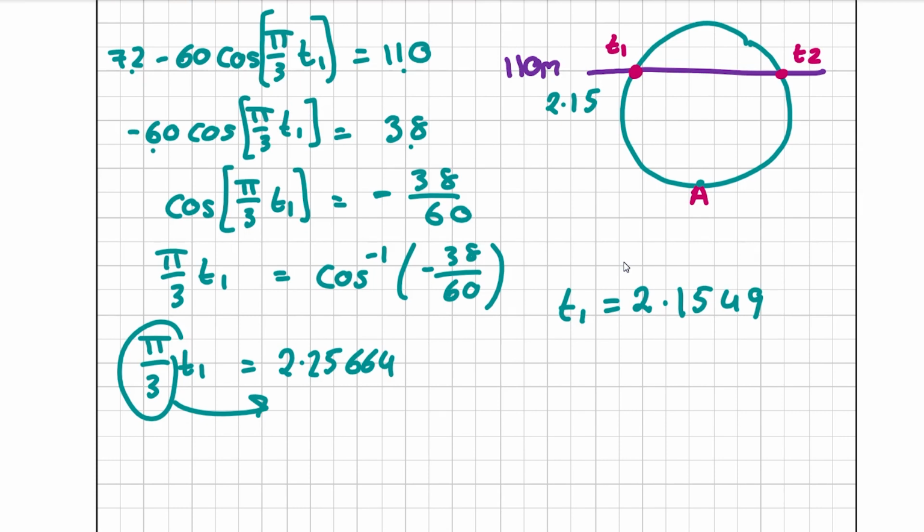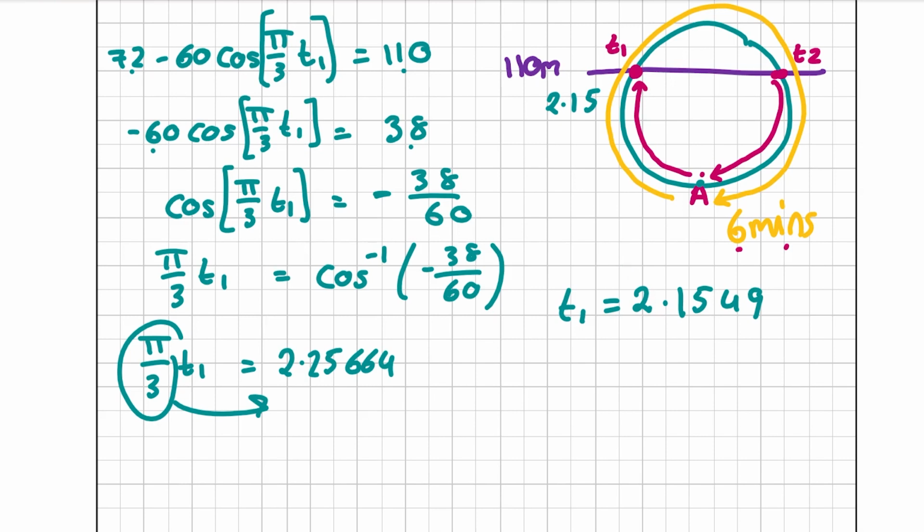We know that a full rotation of the Ferris wheel all the way around here is going to take 6 minutes. We also know that, and I'm going to use a pink pen here, this distance here is the exact same as this distance here. So if we take 6 minutes, take away 2.15 minutes, which it's also going to take to get from t2, my apologies, back down to the original point of A, then that is going to find us the t2 value.